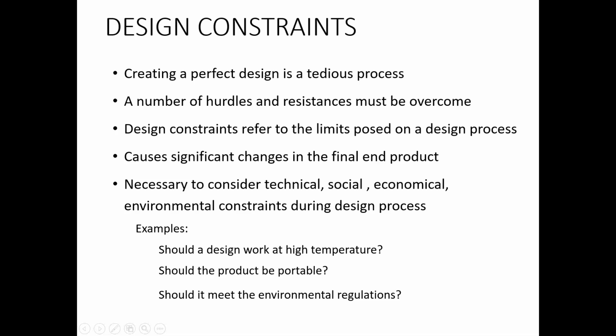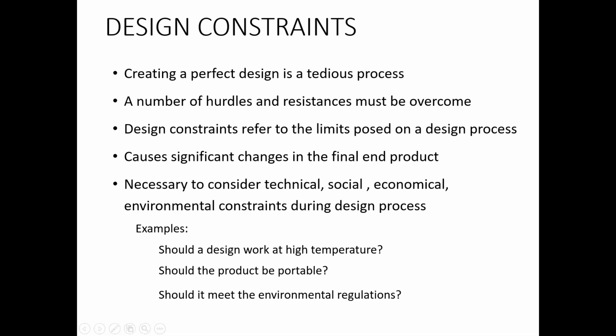So after preparing an initial sketch or initial idea, when we try to bring it to the next stage, then all these design constraints have to be applied on it. So when these design constraints are being applied to the preliminary design, a lot of changes will have to be made accordingly so that the constraints are satisfied.